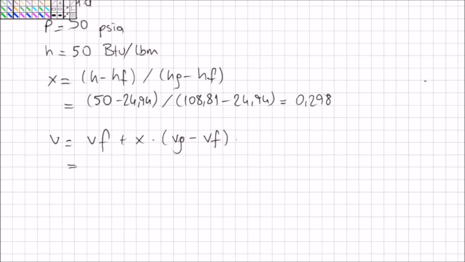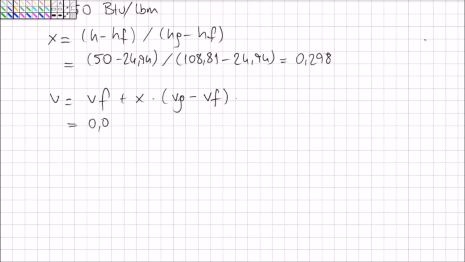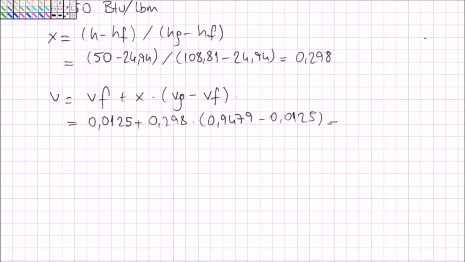Minus this, gas minus, we have, and this is equal to, according to table values, this plus x times, again according to tables, minus this, and the result is equal to this value.